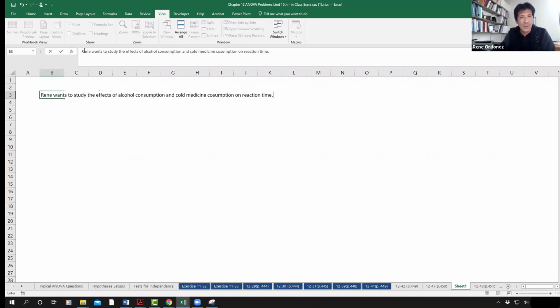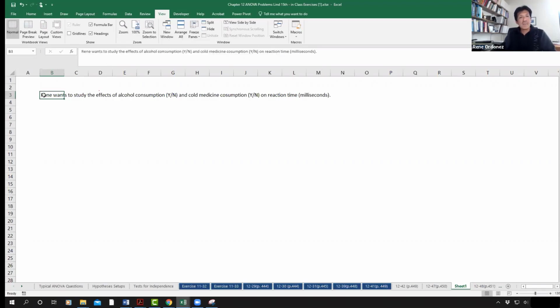Let's qualify this further. Renee wants to study the effects of alcohol consumption, and let's say the experiment is made such that this is a yes or no type of variable. Same thing with cold medicine consumption, also a yes or no. And reaction time is measured in milliseconds.